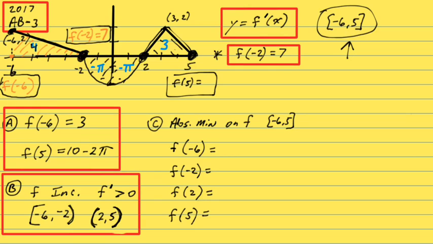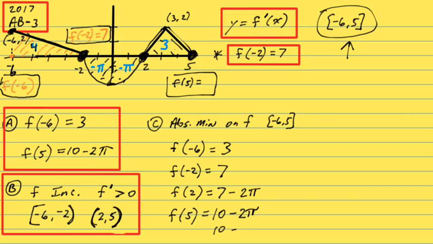Okay, we found f of negative 6 to be 3. We know we're given f of negative 2 to be 7. Did we find f of 5? Yes, it was 10 minus 2 pi. And what would f of 2 have been? It would have been 7, then minus the 2 pi, right? Which of these is the smallest?